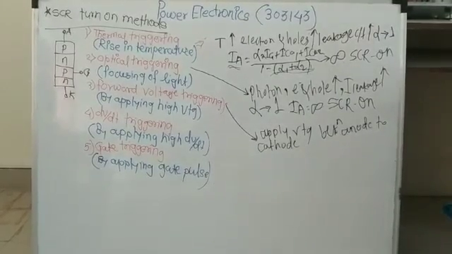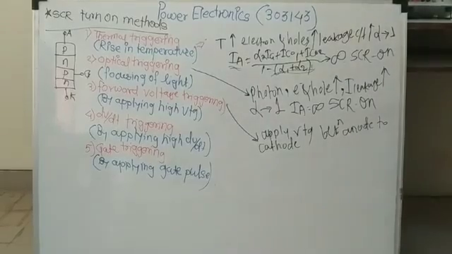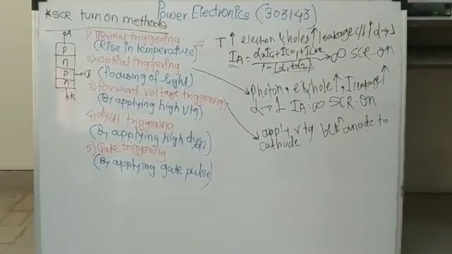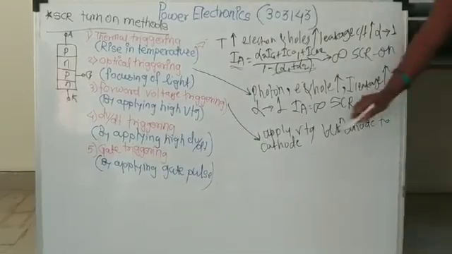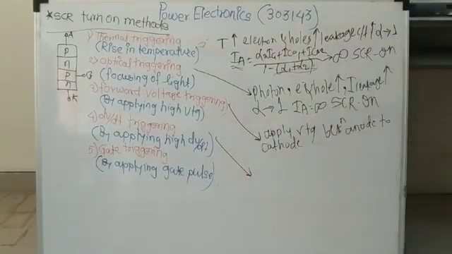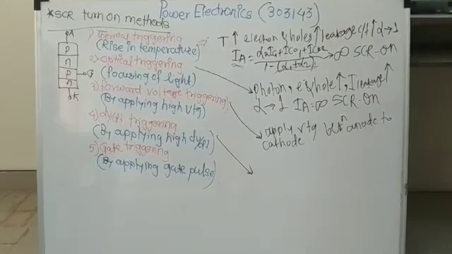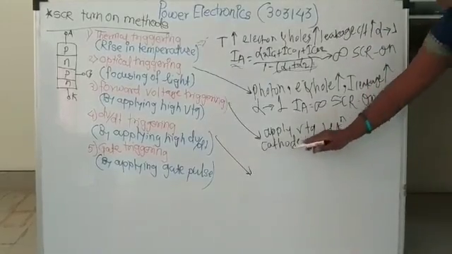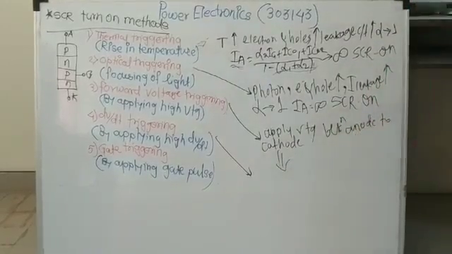Now, the next one is dV by dt triggering, that is also called applying high dV by dt. In this case also, we have to apply the voltage between anode and cathode, means the same condition will be repeated.